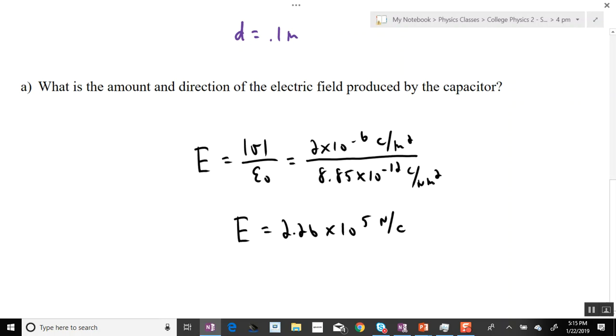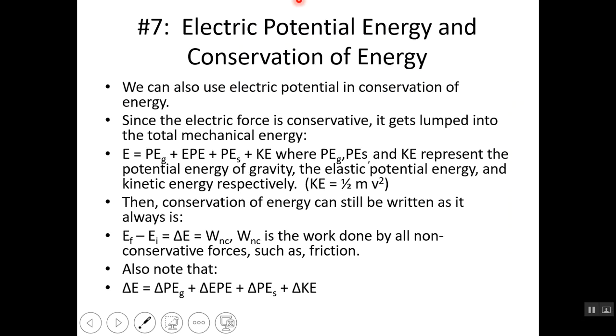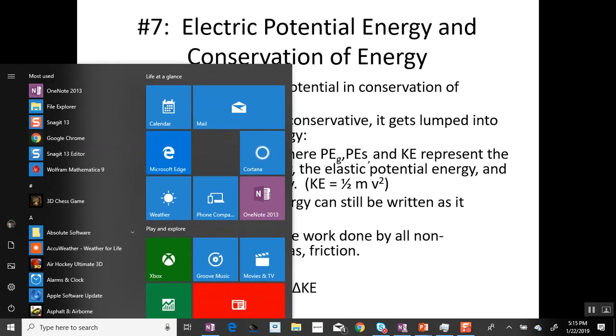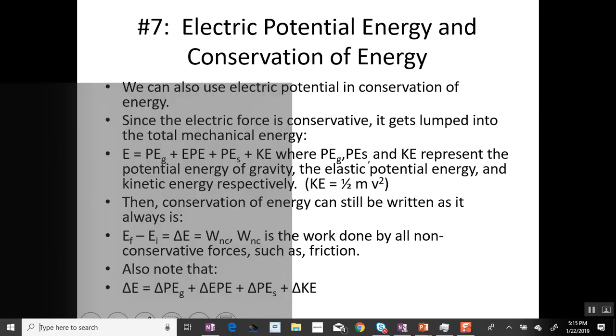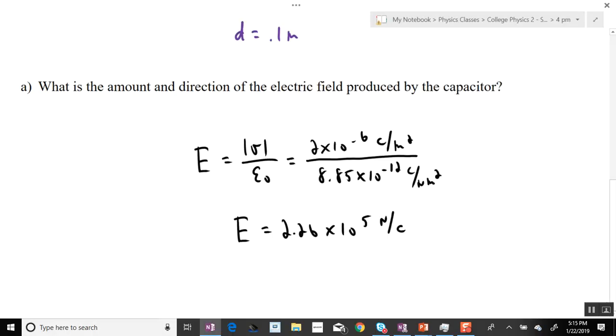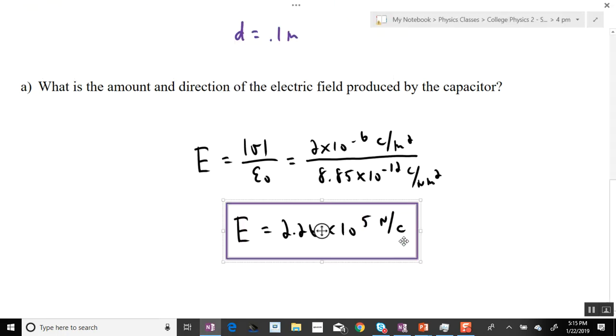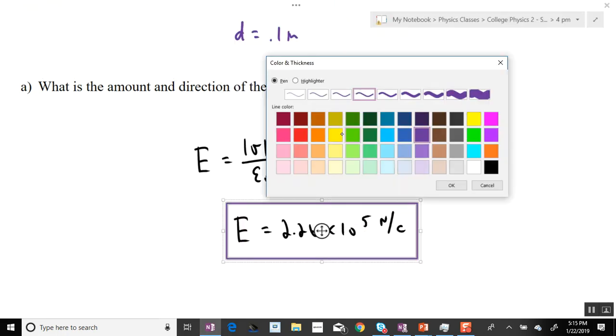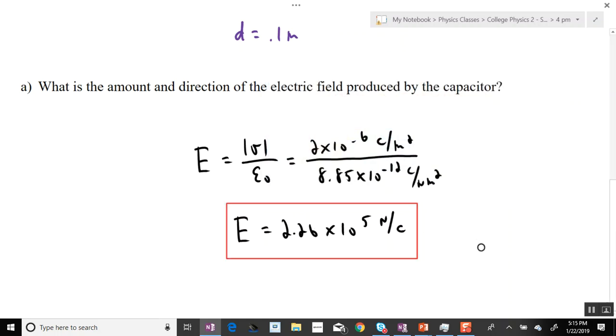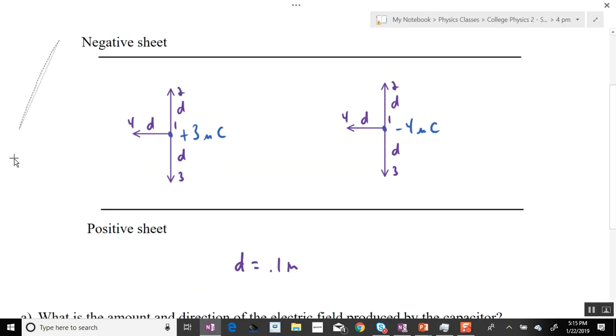So that's how much the field is, just using the equation for a capacitor. Okay, so that's the amount of the field, but you also have to find the direction of the field, or at least sketch the direction of the field.